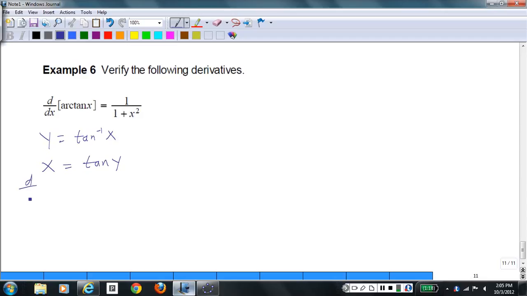Maybe I should say this, d/dy of x equals d/dy of tangent of y. dx/dy equals, it's as simple as it seems, if we remember the derivative of tangent, secant squared of y. All right, that's dx/dy. What we need is dy/dx.